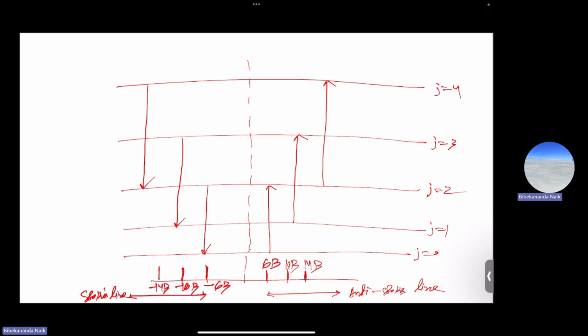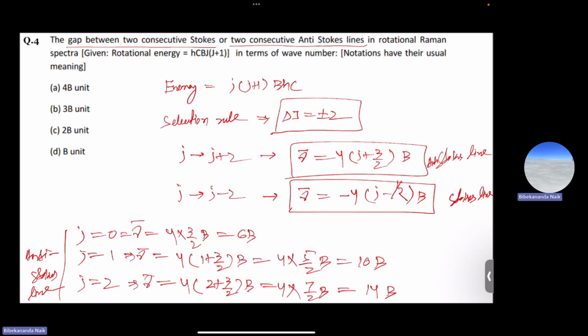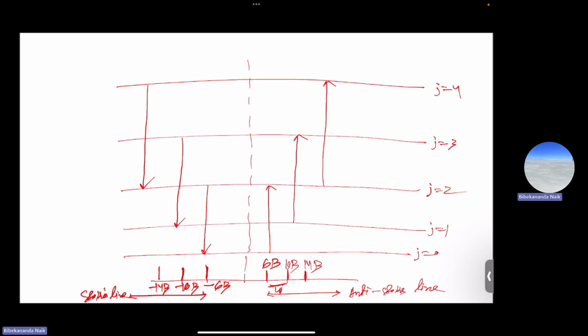So this will be minus 6B, minus 10B, minus 14B. If we go to the question, it asks the gap between two consecutive Stokes or two consecutive anti-Stokes lines. Here the gap is 4B, and here also the gap is 4B. So between two consecutive Stokes or two consecutive anti-Stokes lines, the gap is 4B.